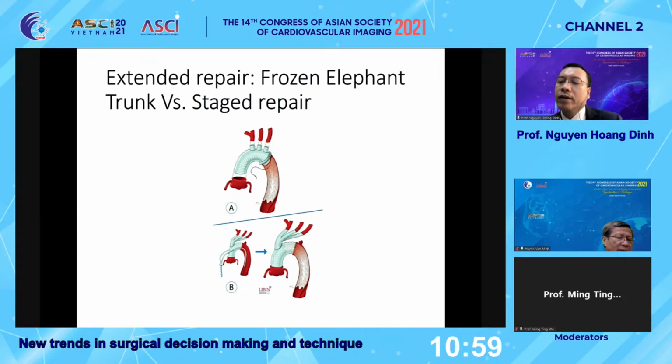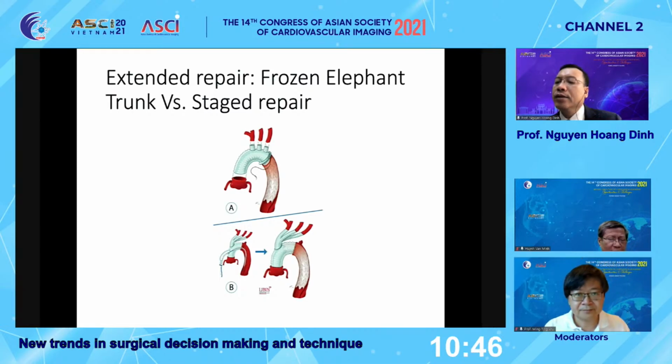We can call it a frozen elephant trunk. Or in image B, it is staged, after separation from cardiopulmonary bypass or weeks later during the post-op period, using fluoroscopy and standard thoracic endovascular aortic repair techniques.